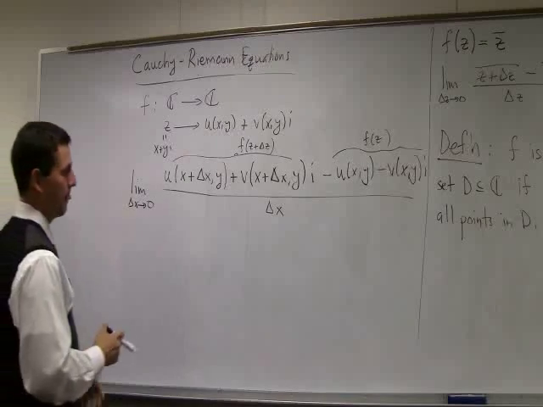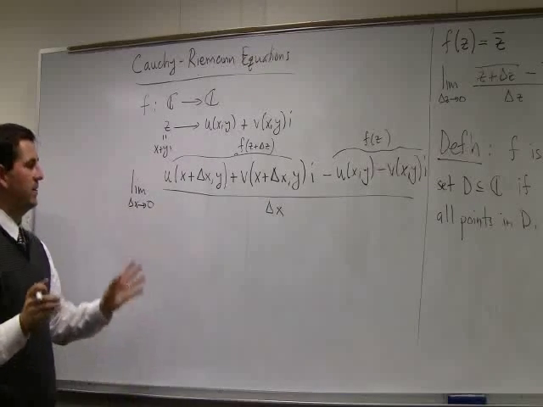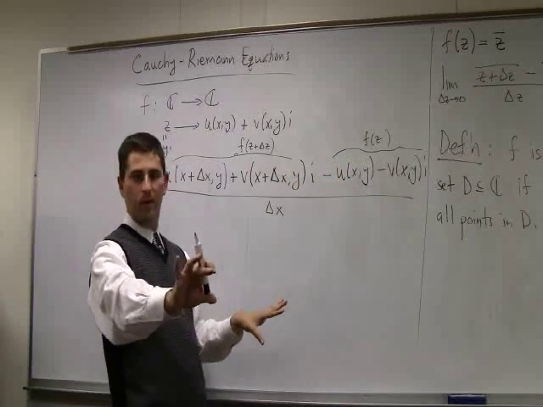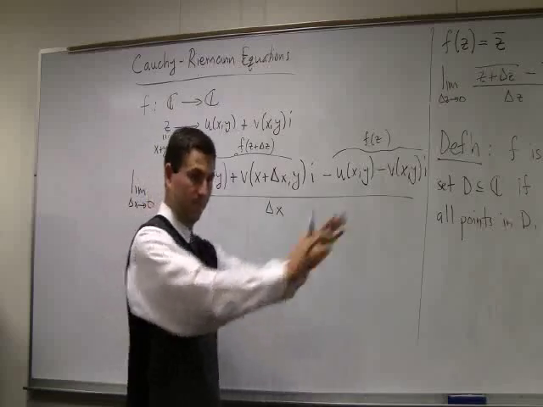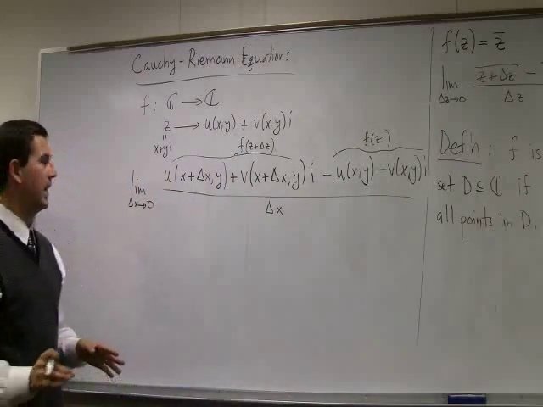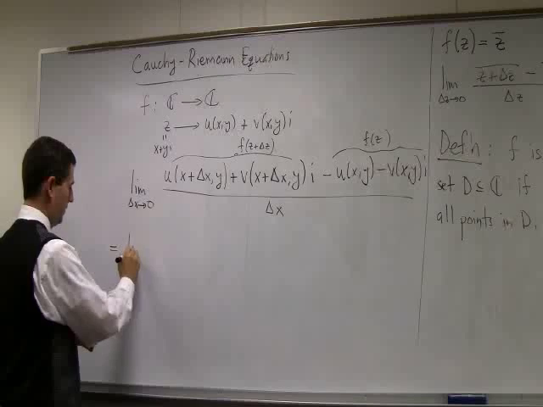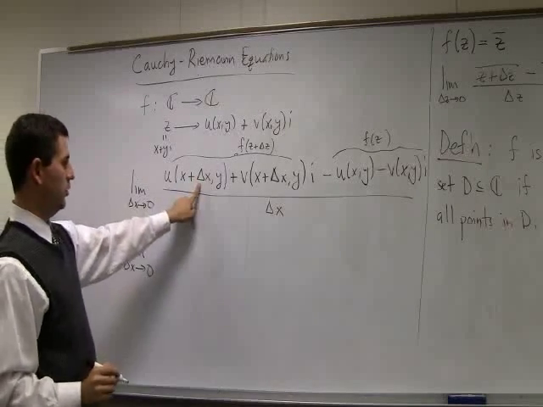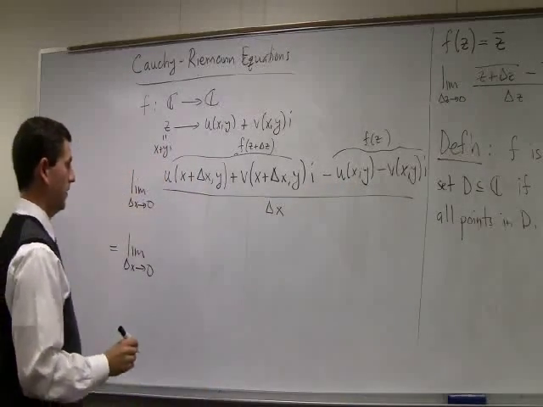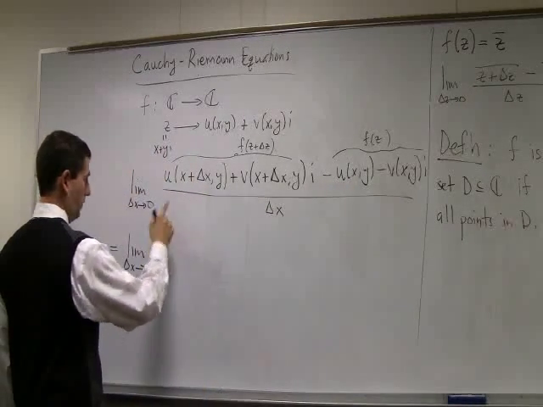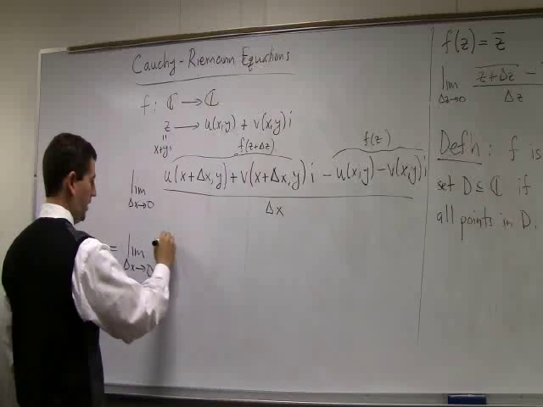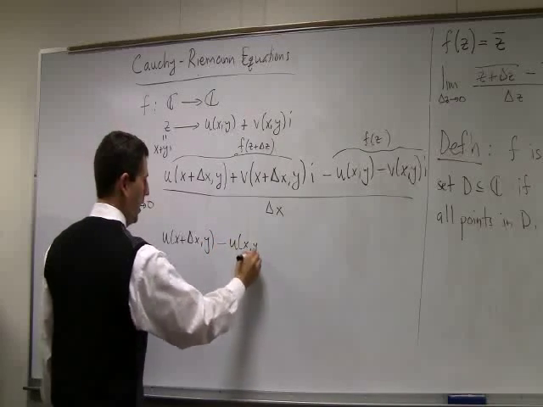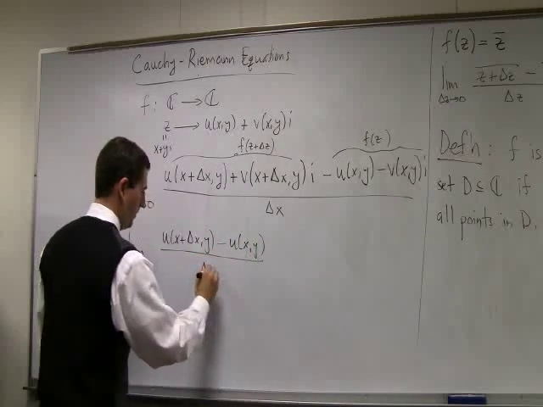We know, but why? Now here's what I'm going to do. I'm going to take this mixture of reals and imaginaries and split it up into reals and imaginaries. I'm going to partition things, I'm going to segregate. The first bit, the real part: I put this u and this u, and I get u of x plus delta x comma y, minus u of x comma y, divided by delta x.